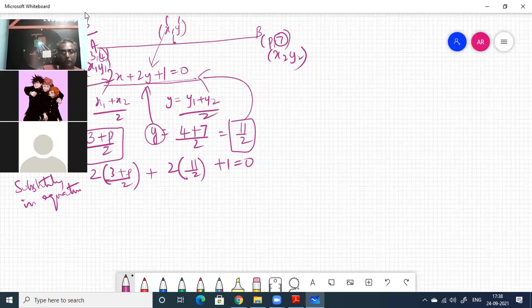So 2 and 2 cancel, 2 and 2 cancel. 3 plus p plus 11 plus 1 equal to 0 you are getting. 11 plus 1, 12. 12 plus 3, 15. Okay. So p is equal to minus 15.